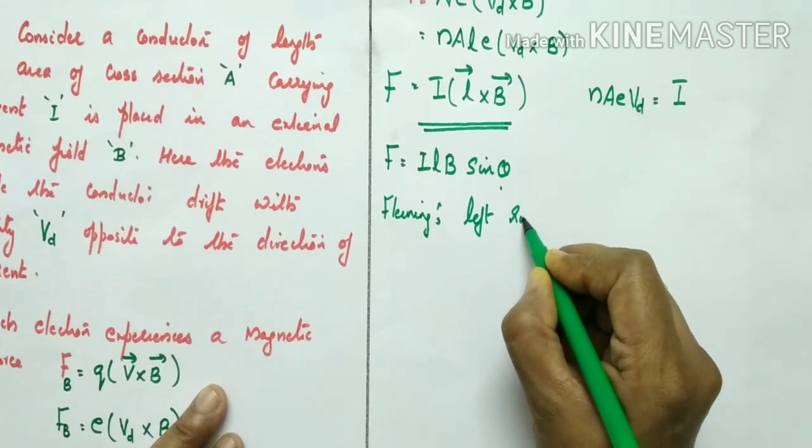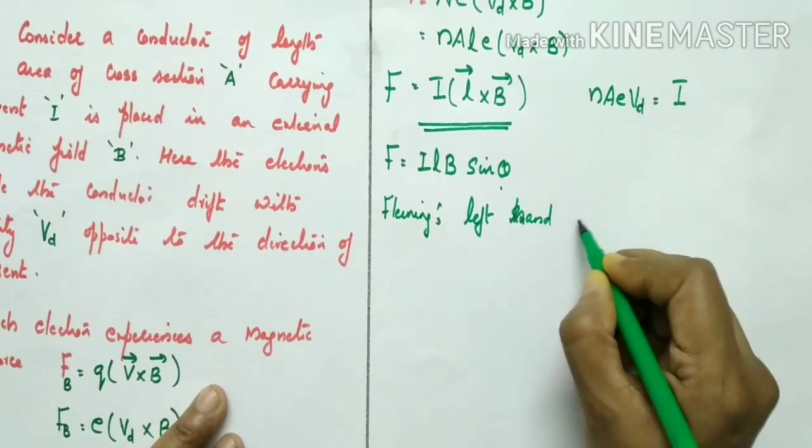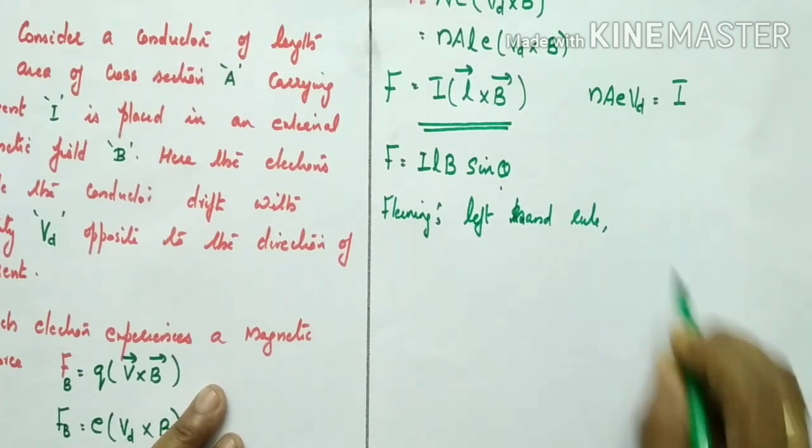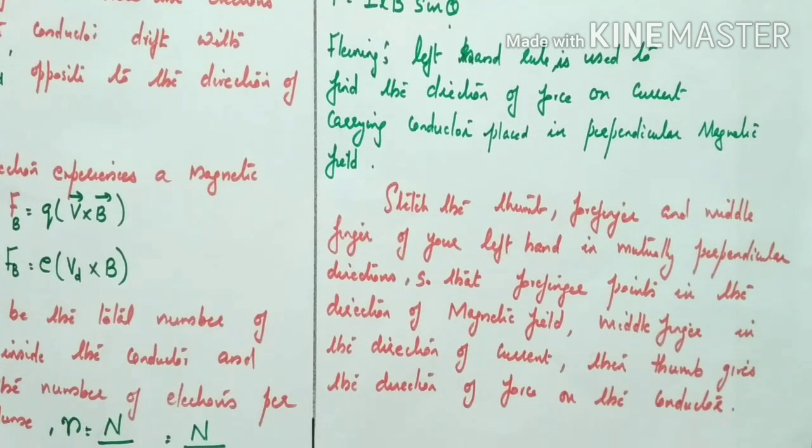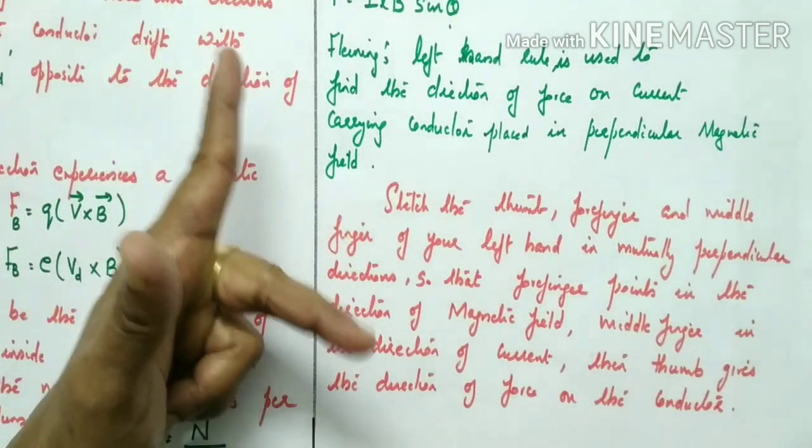Fleming's left hand rule is: stretch the thumb, forefinger and middle finger of your left hand mutually perpendicular to each other. Then the forefinger represents the direction of magnetic field, the middle finger represents the direction of current, and the thumb gives the direction of force on the conductor. Okay, so this is Fleming's left hand rule.